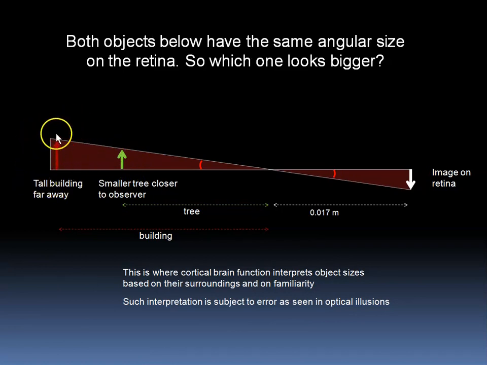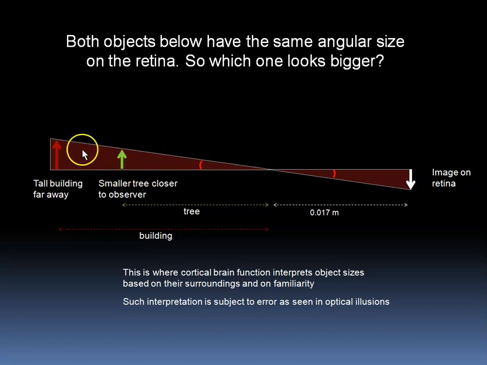Which one looks bigger, the taller building farther away or the smaller tree closer to the observer? As can be seen by drawing only the central rays from the top and bottom of each object and carefully placing them in the diagram, we have similar triangles.